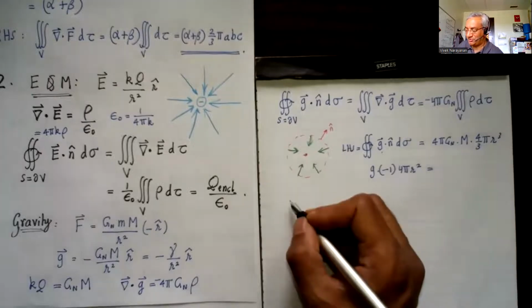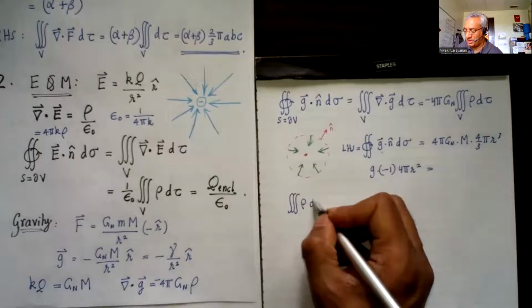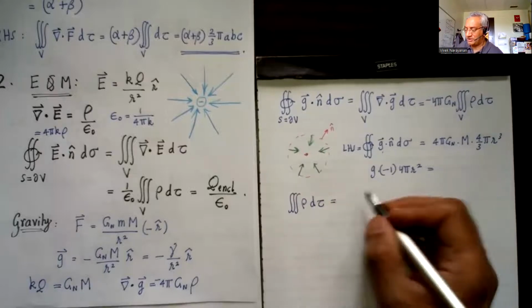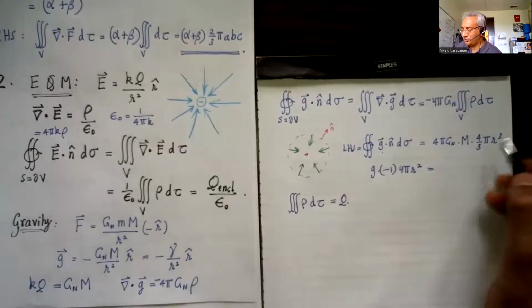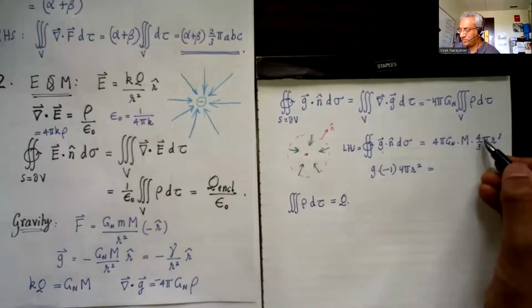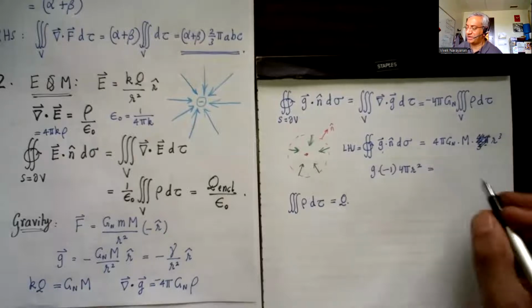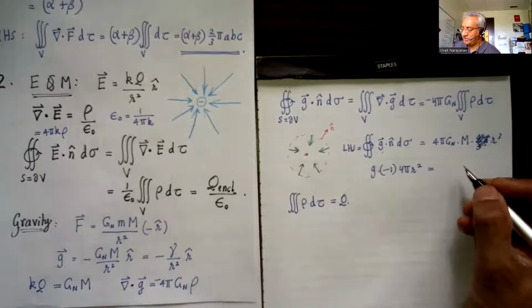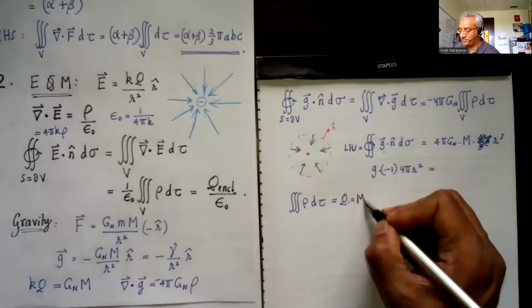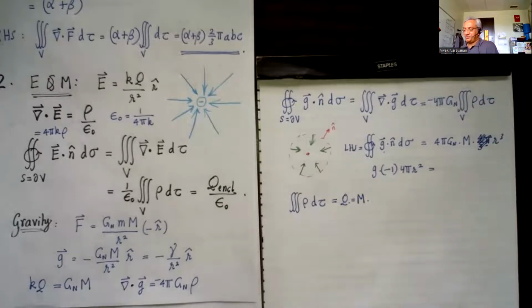So let me just say the integral of rho d tau is just Q. There's no 4/3 pi there. It's just Q. So I just get, not Q, it's M. The Q is M in this case.